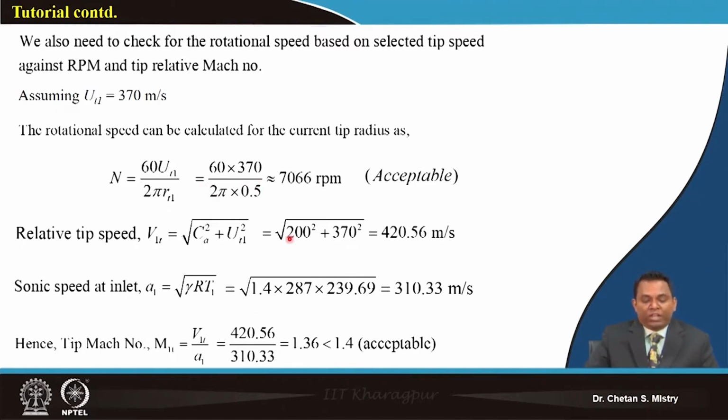If we are calculating our relative velocity, that's coming 420.56 meter per second. Our sonic speed is 310.33 meter per second. So we can say the tip Mach number is coming 1.36. We can say that's less than 1.4. So this number is acceptable.